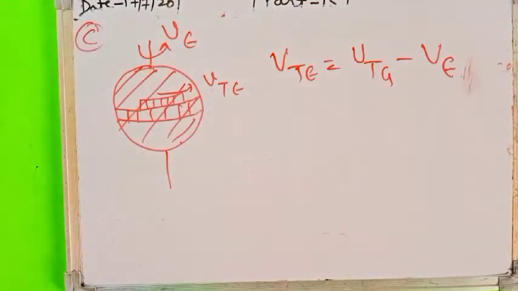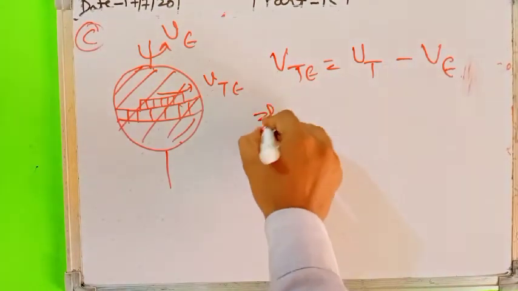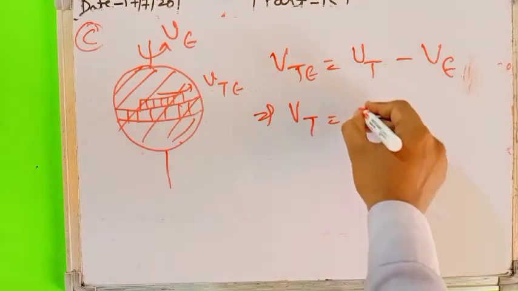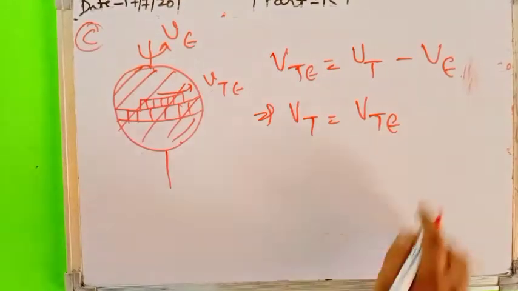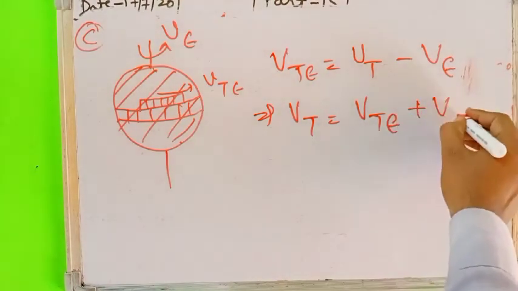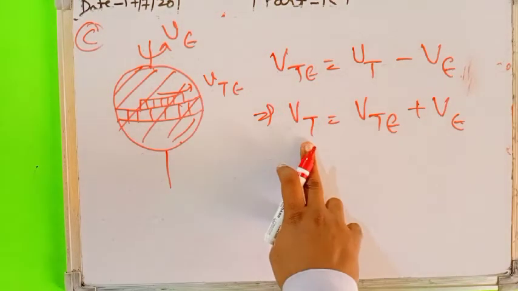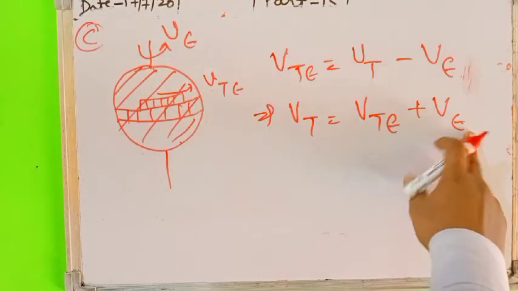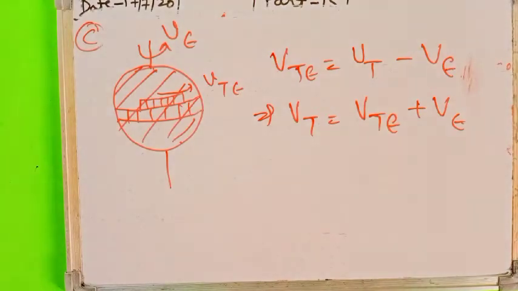Or you can write velocity of train is equal to velocity of train relative to earth plus velocity of earth. Velocity of train with respect to ground, velocity of earth with respect to ground, and velocity of train with respect to earth.